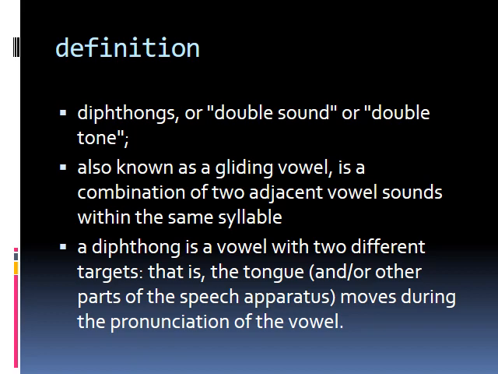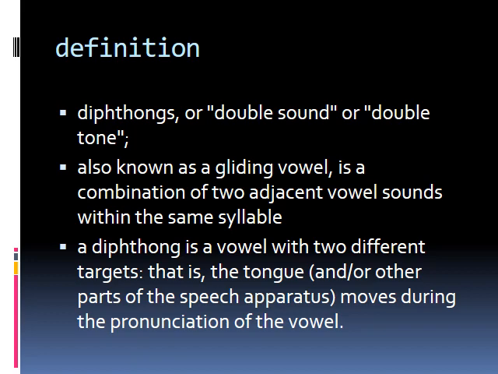It is a combination of two adjacent vowel sounds within the same syllable. So when you have the sounds of vowels, you are going to move or glide your tongue in one syllable. I'm going to show you on the next slide.